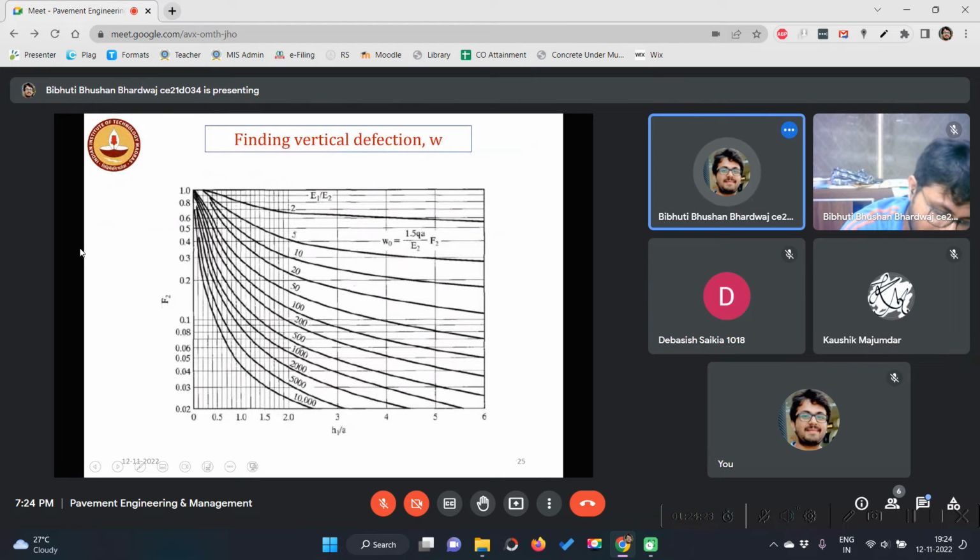In that case, we have to use this chart, where E1 by E2 is the number on the curves, and F2 is found using this formula. Actually, this formula, I think this is 1.18, okay, 1.18, not 1.5.